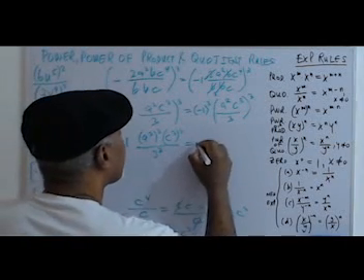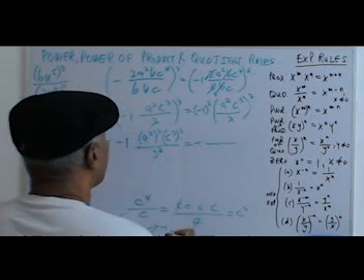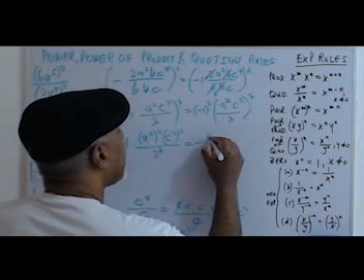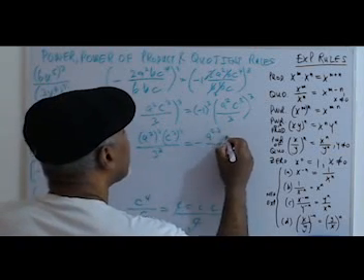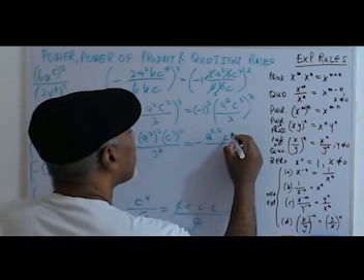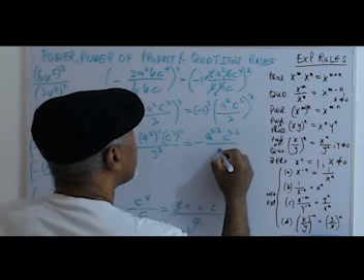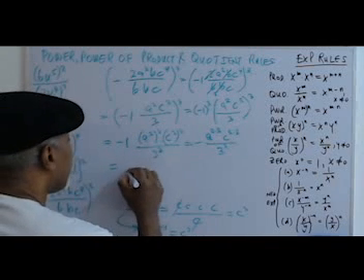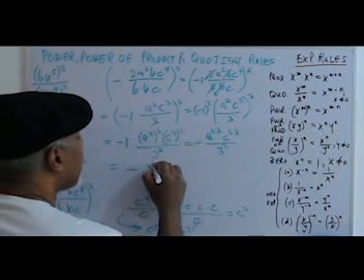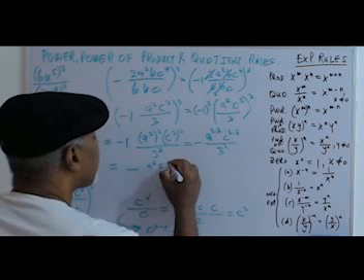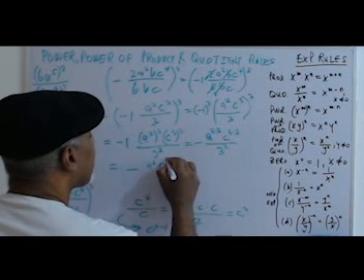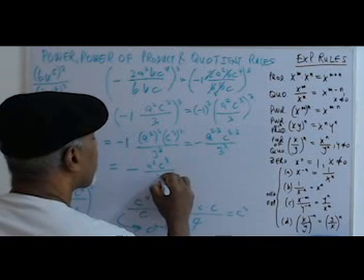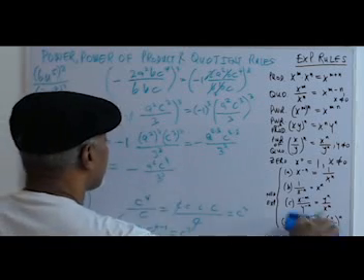And that's negative a to the 2 times 3 times c to the 3 times 3 over 3 cubed. And that's negative of a to the 6th, c to the 9th over 3 cubed.